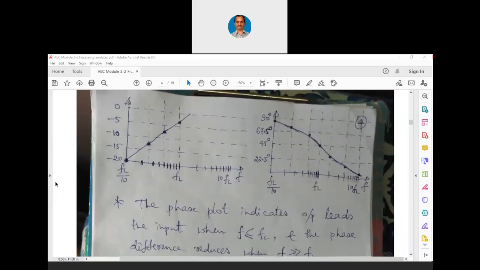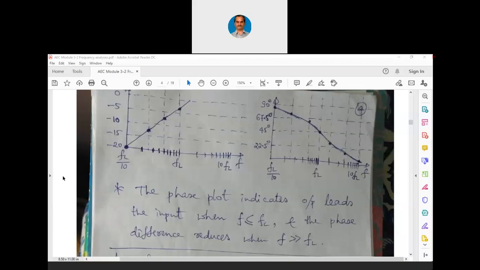So till now we have seen, taking one particular capacitance and resistance network, how we can plot the magnitude as well as phase responses. Now let us deal with the particular BJT amplifier circuit, because our goal is to find out which of the three capacitors is going to be dominant for the value of fL.